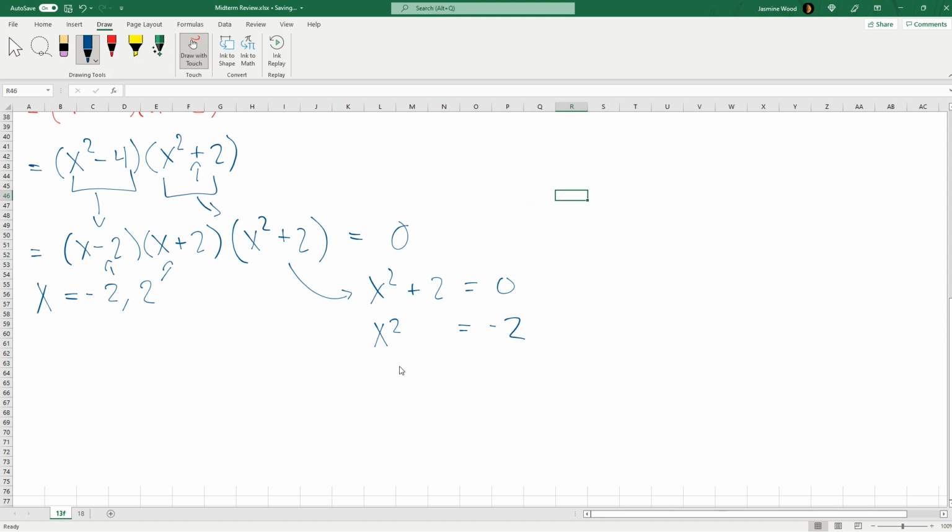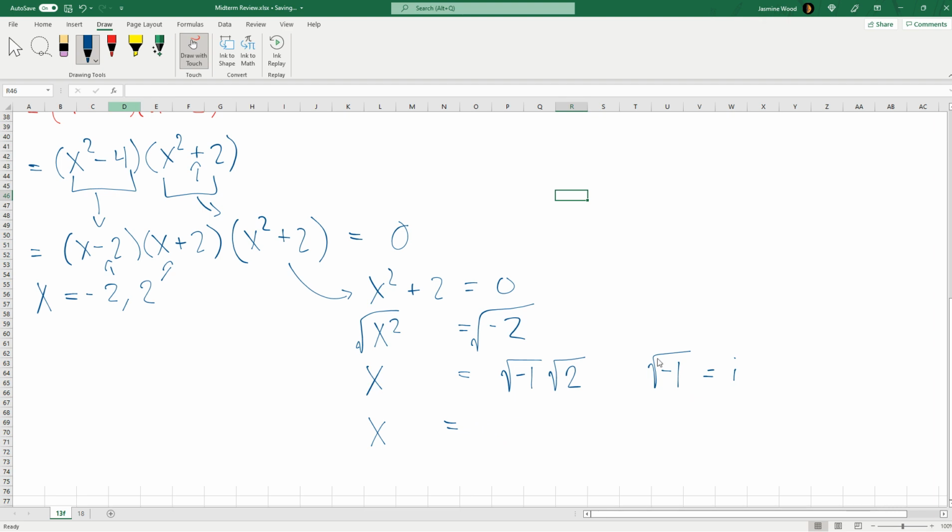We'll take the square root of both sides, x squared and the negative 2. So this will be equal to plus or minus the square root of negative 1 times the square root of 2. I'm not going to do the plus or minus quite yet, actually. And then to simplify that, we know by definition the radical of negative 1 is equal to i, which is an imaginary number.